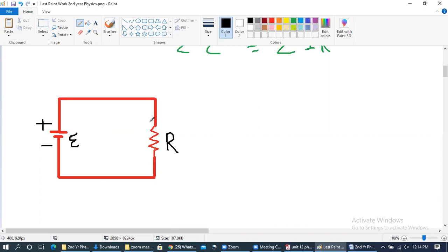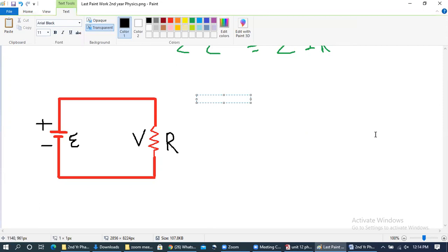So this resistance has a voltage which may be represented by capital V. So let's see that we have already said that the sum of EMFs must be equal to the sum of the potential differences of the resistances. This is the Kirchoff's rule.